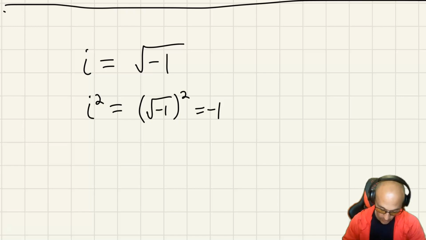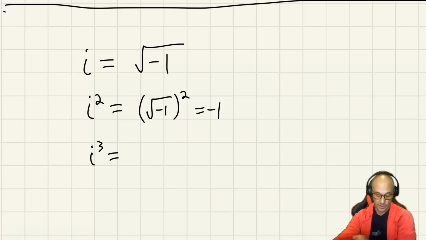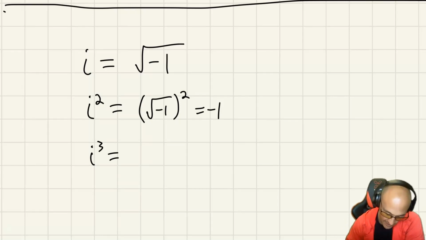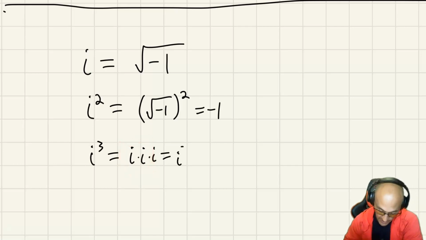Okay, good. So next we're going to talk about i cubed. What we're going to need to remember is that we have these exponent rules. i cubed, we could think of that as i times i times i, which we could think of as, well, this is i squared right there. So it's i squared times i.